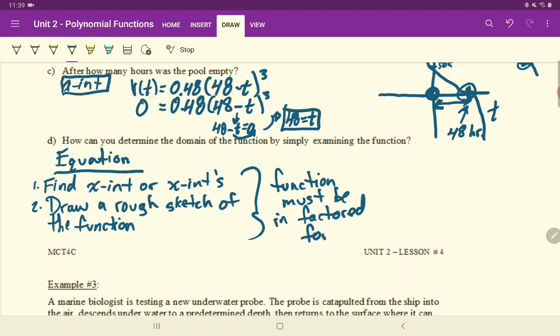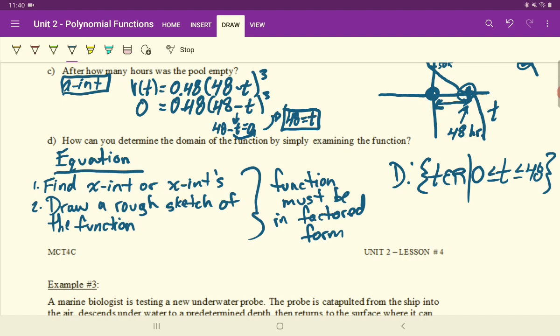And if we're able to draw a sketch like we did above, and if we're able to find the x-intercepts because it's given to us in factored form, we can figure out the domain here. And by the way, our domain for this question, we're going to use the letter t instead of x because we're dealing with time. T is an element of any real number, but t must be greater than or equal to 0, but also less than or equal to 48. There is our domain for this question.